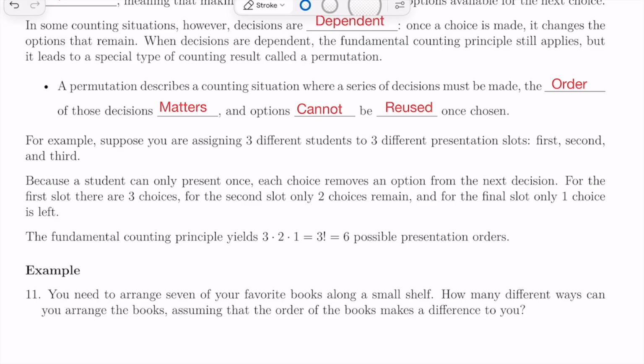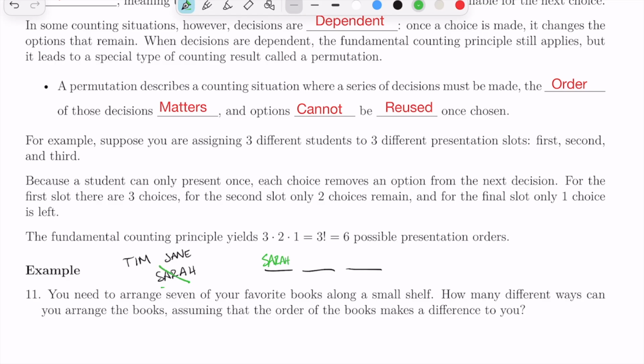So if we have first, second, and third, and let's say we have Tim, Jane, and Sarah with an H. Well, once we pick the first person to go, maybe Sarah goes first, then she's no longer an option for the second position.